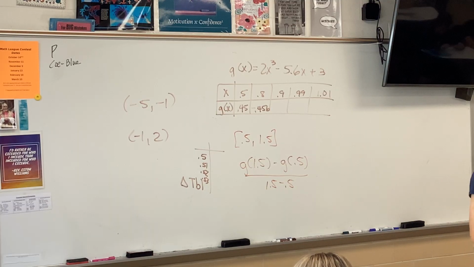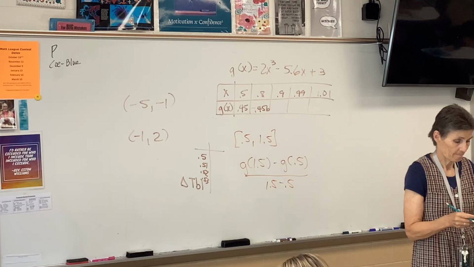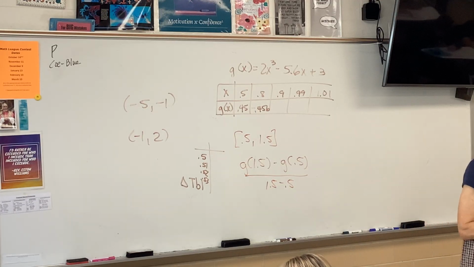All right, number 7, can you find K? Notice they tell you the function's quadratic, so you know it's quadratic. I want somebody to give me an answer and give me a reason.